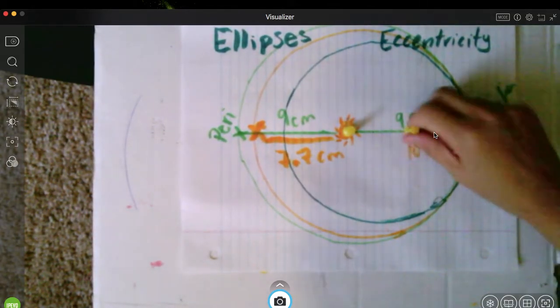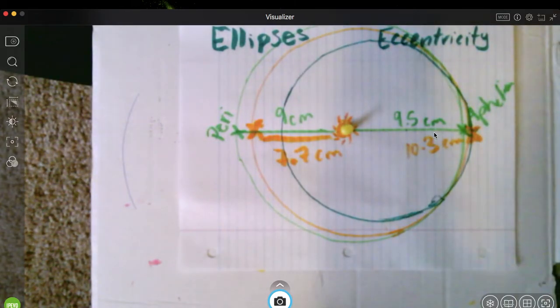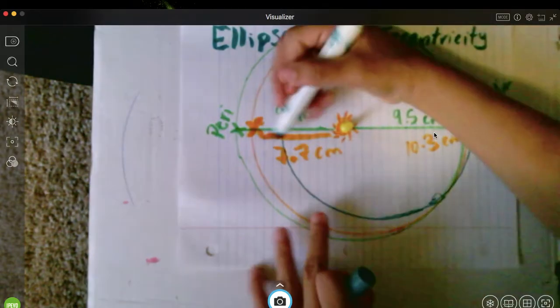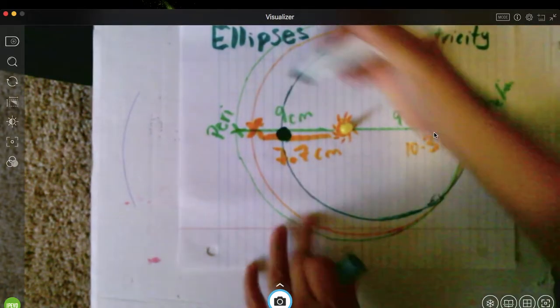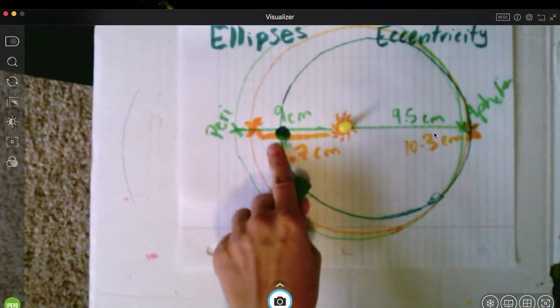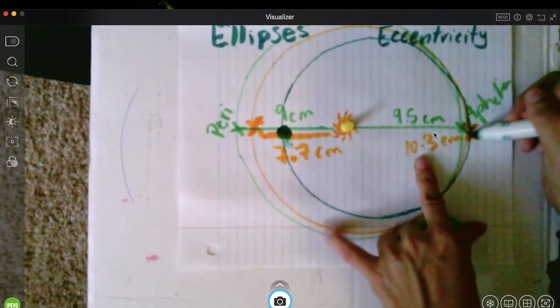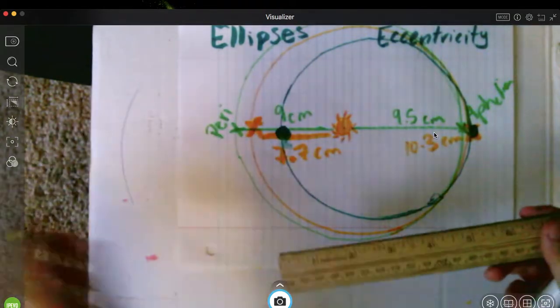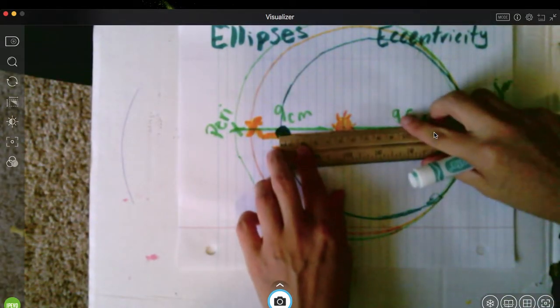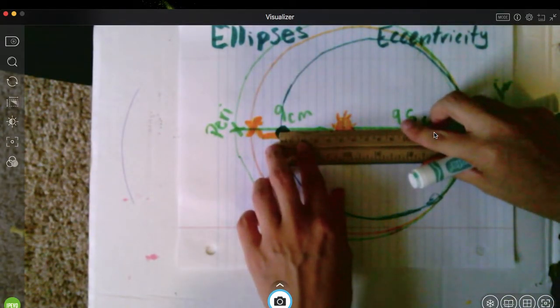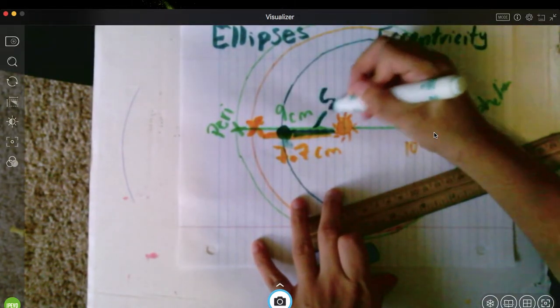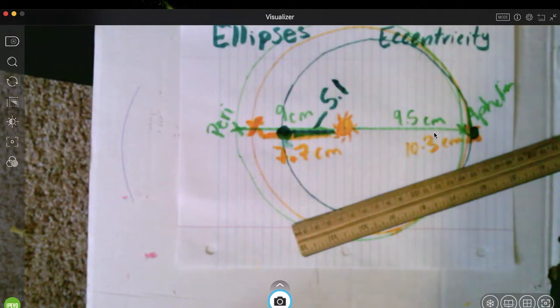All right? So again, I take this foci away because there's nothing there. Look at how close this side is to the sun. Key right here. This is perihelion. Super, super close. Aphelion's way the heck over here. Let's measure them just to prove my point. Because I love being right. Here, aphelion is 5.1 centimeters away.